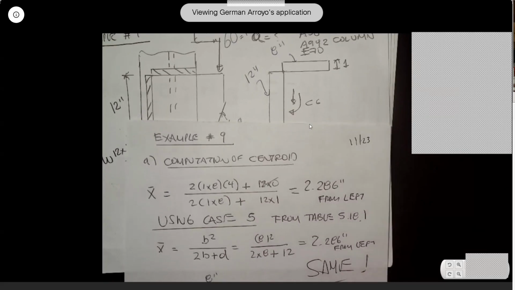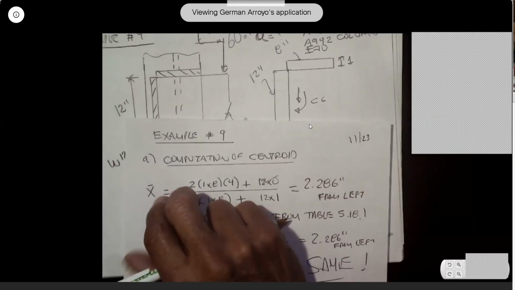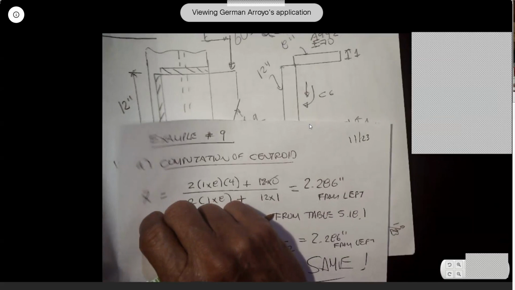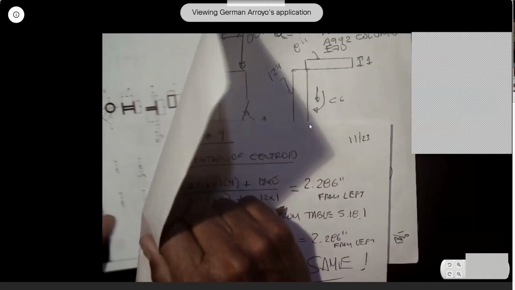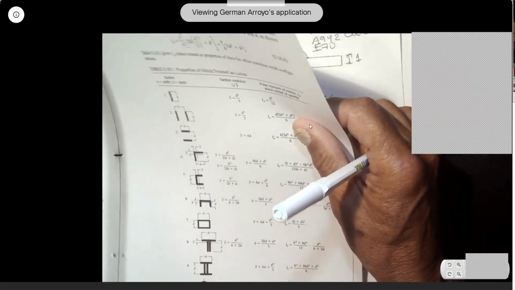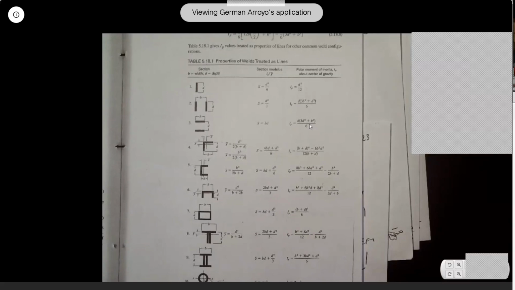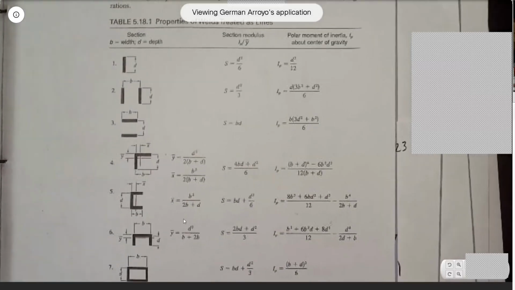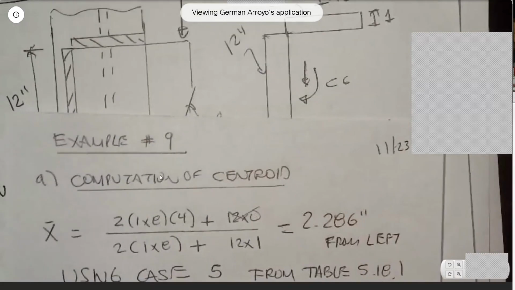I use the formula. This is case 5. Look, in case 5, the location of the centroid is b squared over 2b plus d. So I used this formula here.